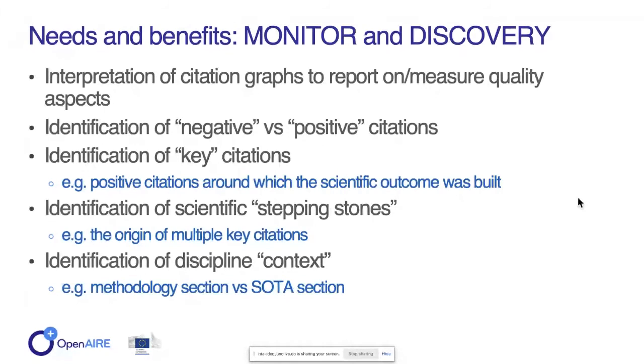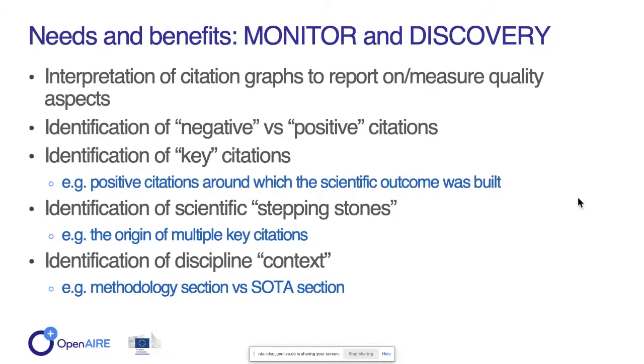For example, a very precious data set compared to the rest, or a version of that data set. And finally, the discipline context is another important thing which we may look at from different perspectives. For example, identifying when a citation comes from a methodology section or from the conclusions already makes some difference.